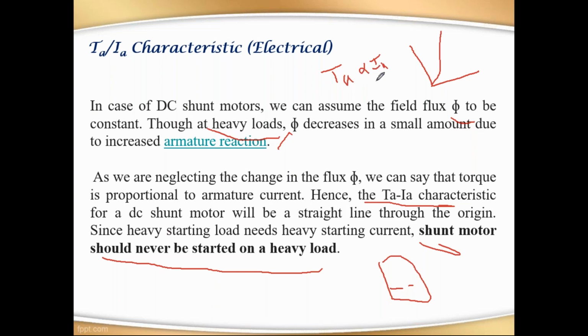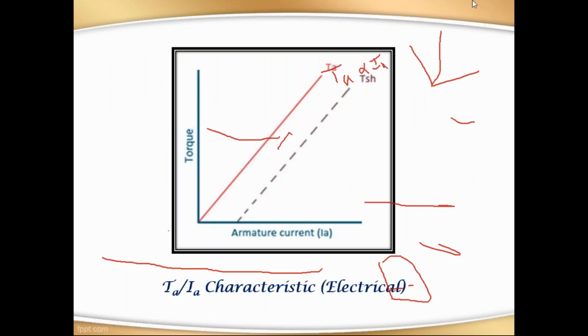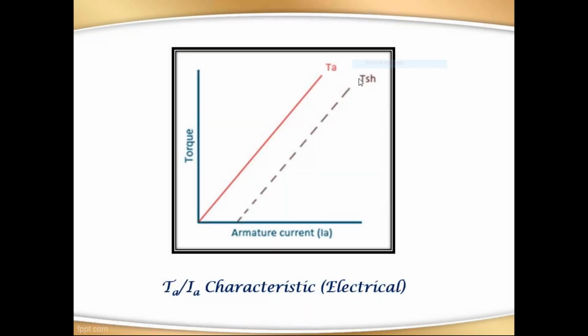When it is directly proportional we get linear characteristics. In this graph we can assume that the armature torque is always greater than the shaft torque, because we already have the relation: lost torque is equal to TA minus TSH.